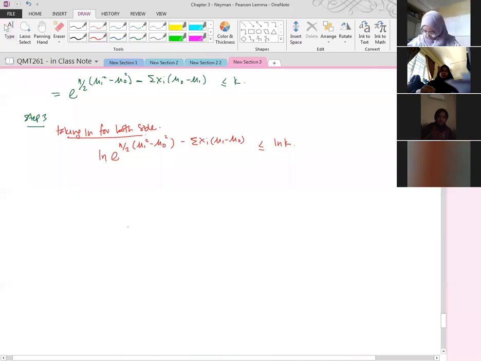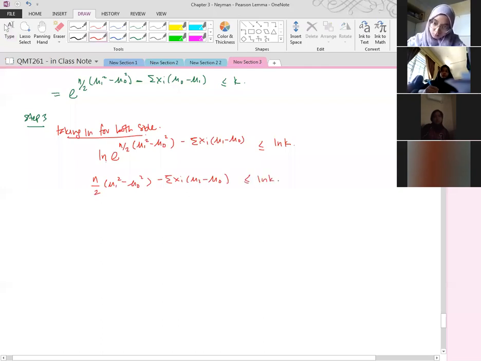So it becomes n over 2 (mu1 squared minus mu0 squared) minus summation of xi (mu1 minus mu0) less than or equal to ln k.